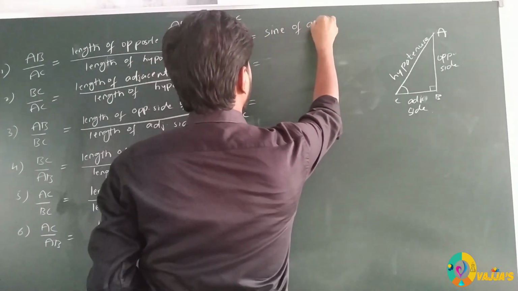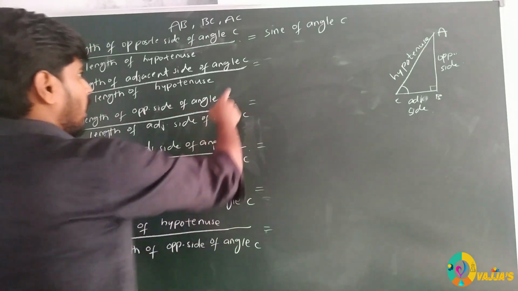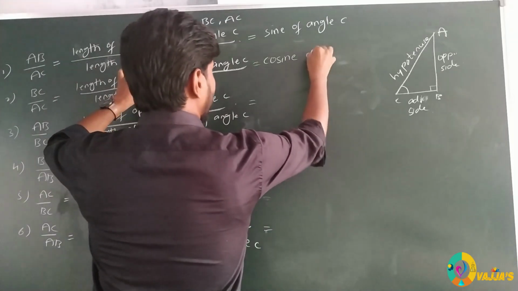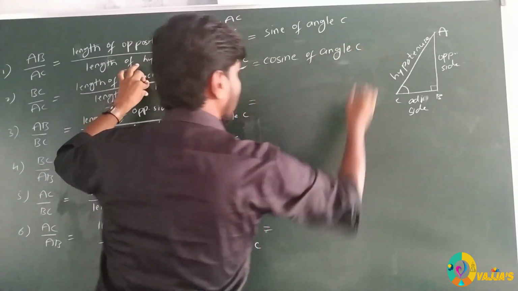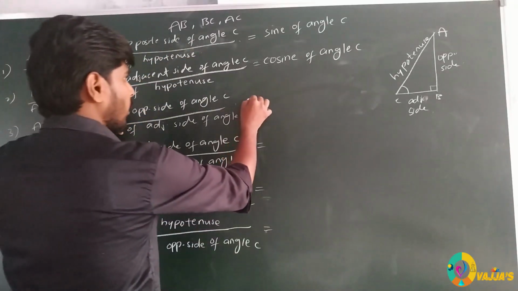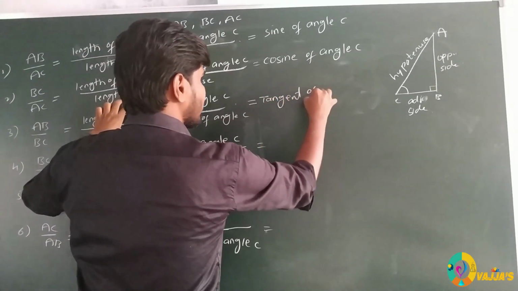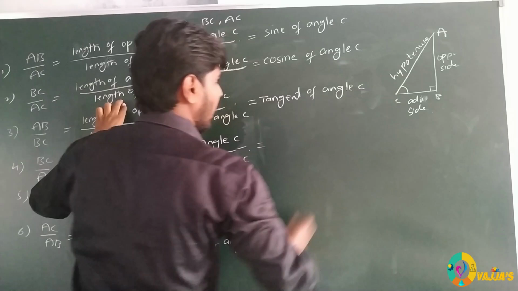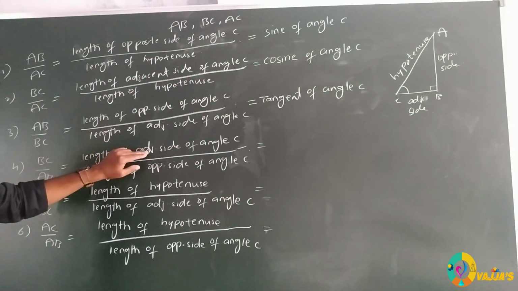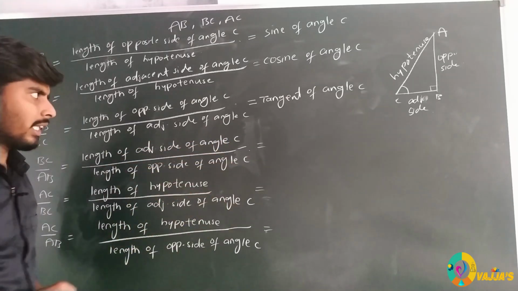Sine of angle C. And to this ratio, cosine of angle C. And the next ratio, tangent of angle C.